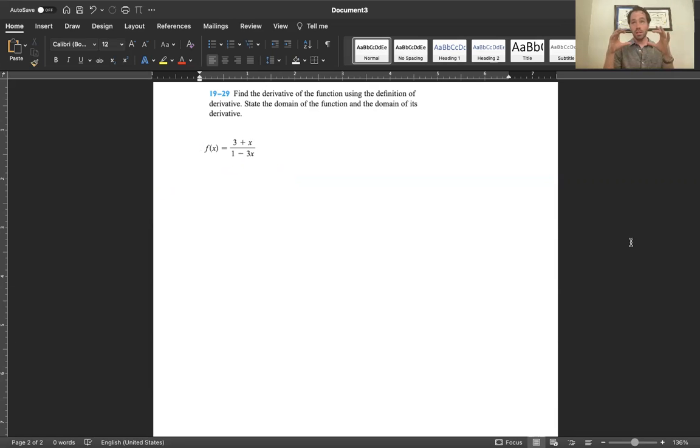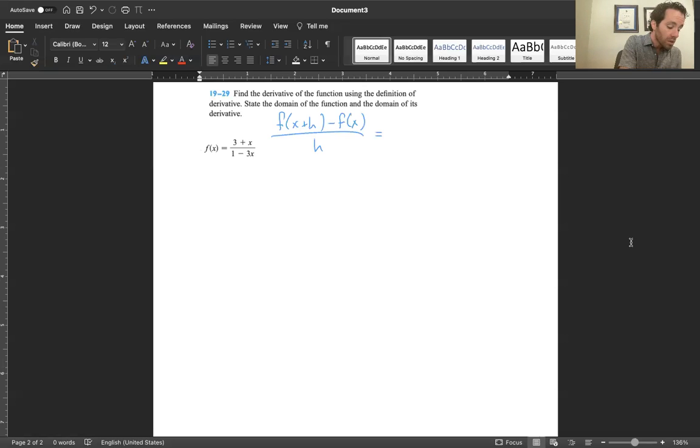I'm going to just write the algebraic version of the thing we're taking the limit of, so I don't have to write lim every time. So I'll say f of x plus h minus f of x over h. What does that end up being?